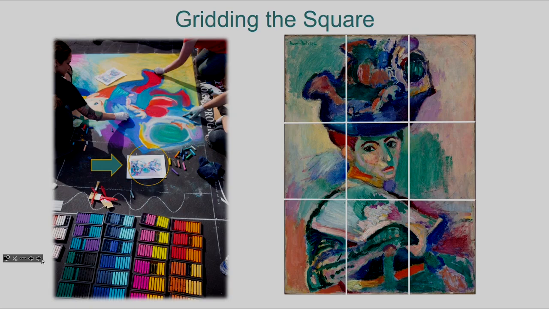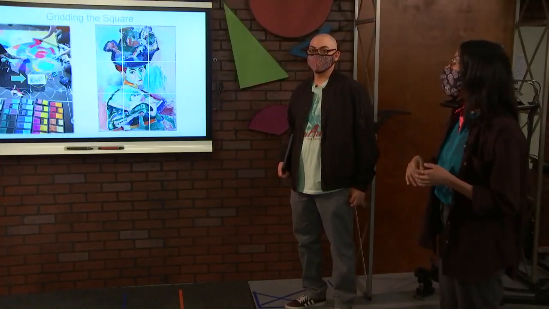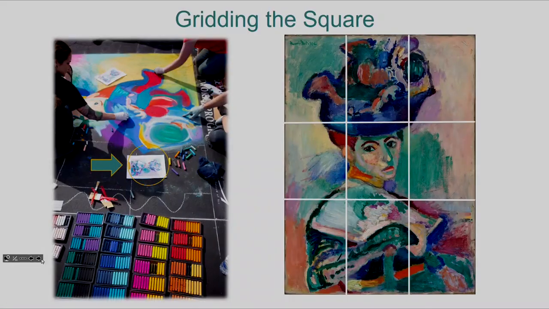They often will use a reference photo, like the piece on the right, and they will draw their grid beforehand using pencil or pen or using Photoshop, so that they know how their piece should end up looking when they're done with their square. This piece is actually a painting by Matisse, from the early 20th century. That's just one example of a painting that artists can recreate.